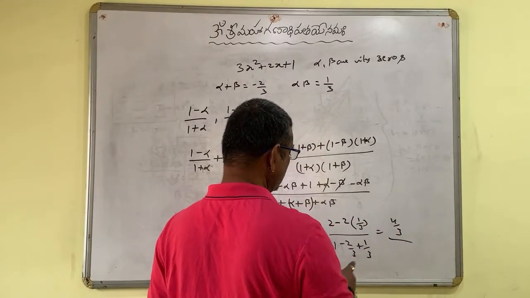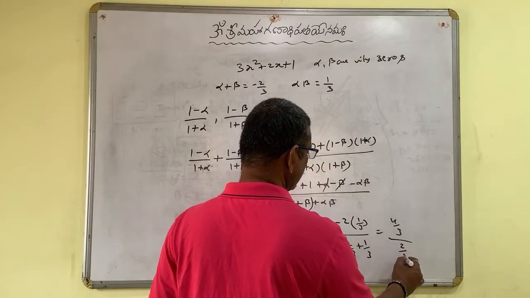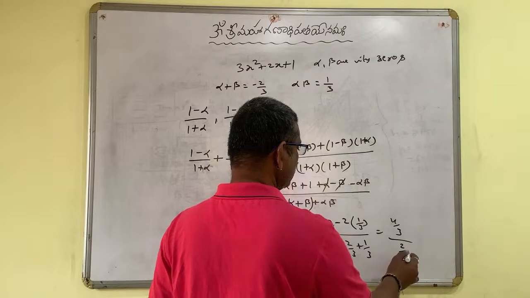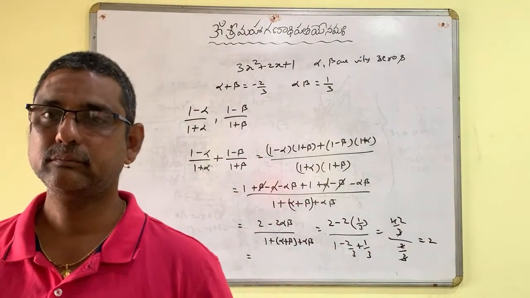Bottom, 3 plus 2 by 3 is 4 by 3. 3, 3 cancel, yes, 2 only. You are getting 2 at the end.